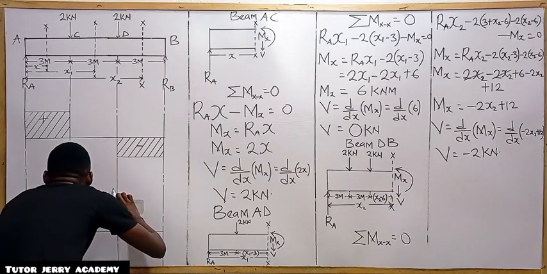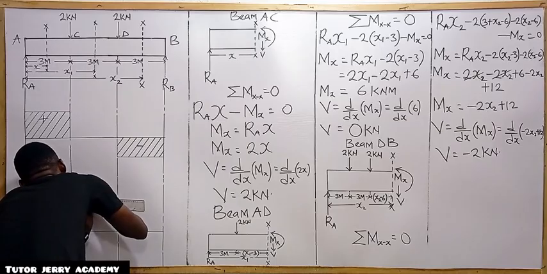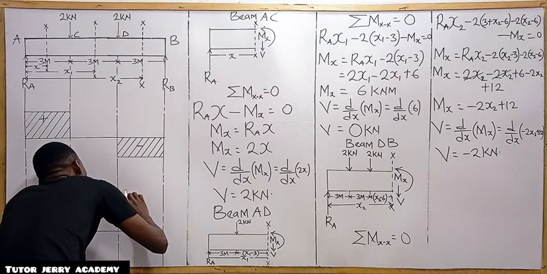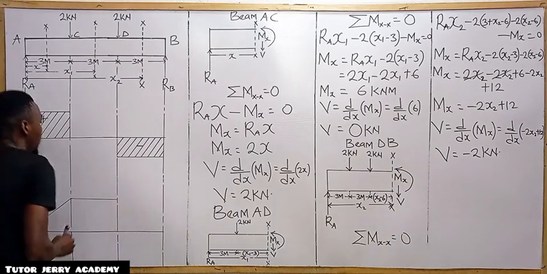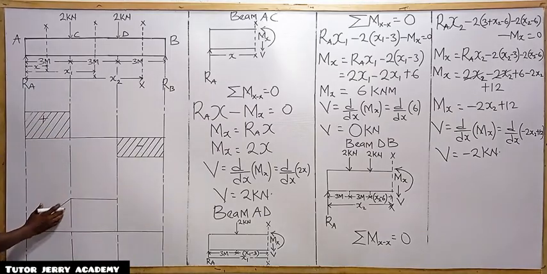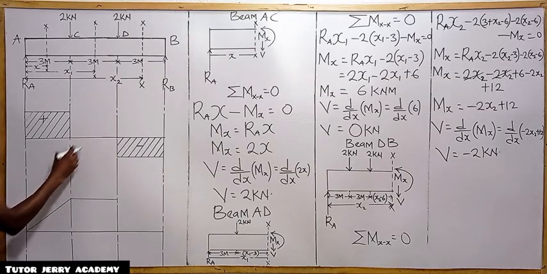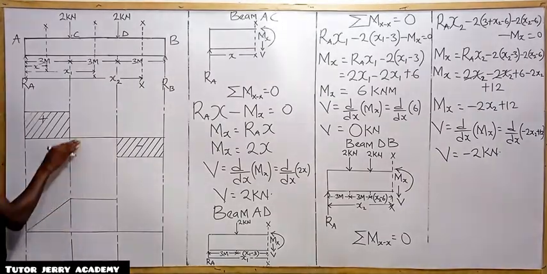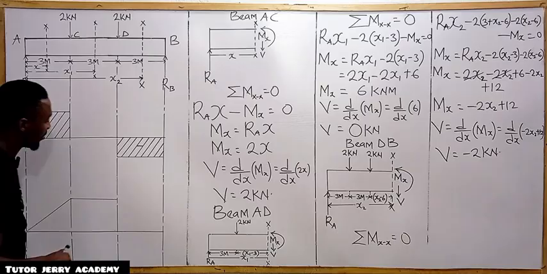So let's just draw a straight line here because it is constant. So we have 6 here and then we have 6 here. If you look at this point here, we don't have any shear force, right? So the point that we don't have shear force, there will be a constant moment. Exactly. So that is what is going on there.